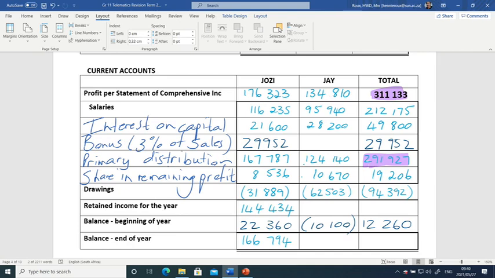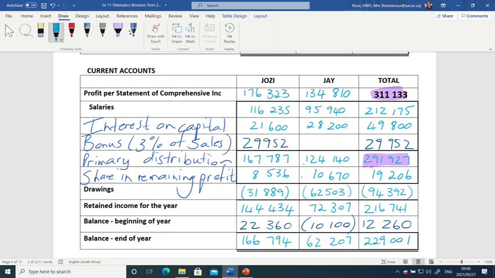He only withdrew 62, so what's left? 72,307 minus the balance at the beginning, because he had a debit balance. So what's in his current account? 62,207. And if we calculate that total, 216,741, and if we calculate that total, 229,001.